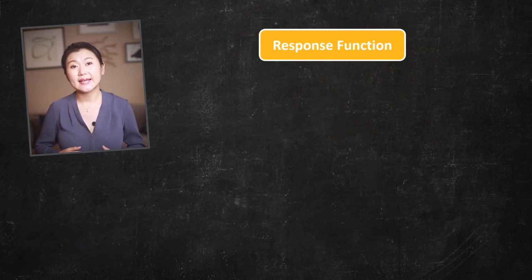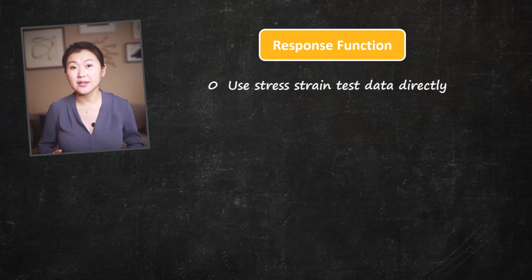Because of the complexities in stress-strain relationships, the conventional hyperelastic strain energy density functions are not always sufficient to fully characterize the material. The response function option is designed to utilize the experimental stress-strain data directly during constitutive calculation.